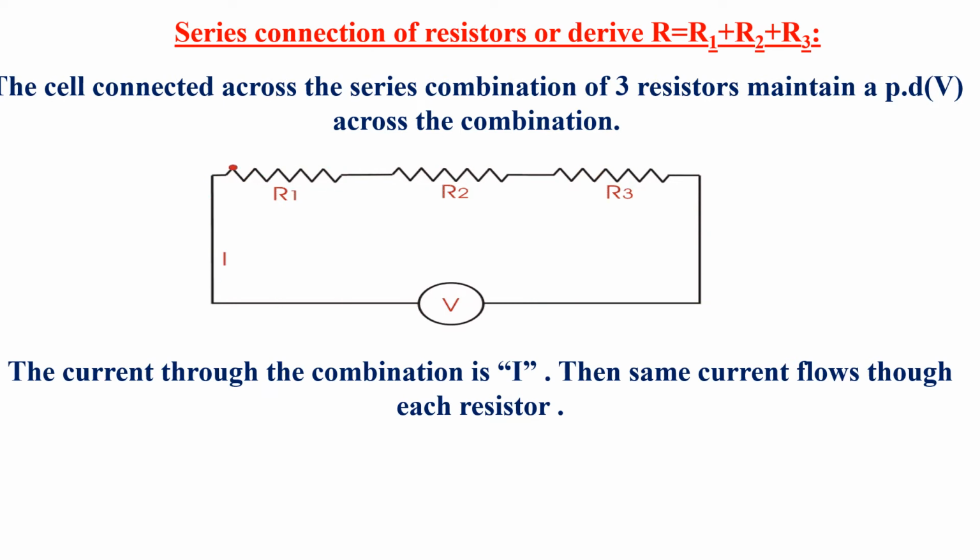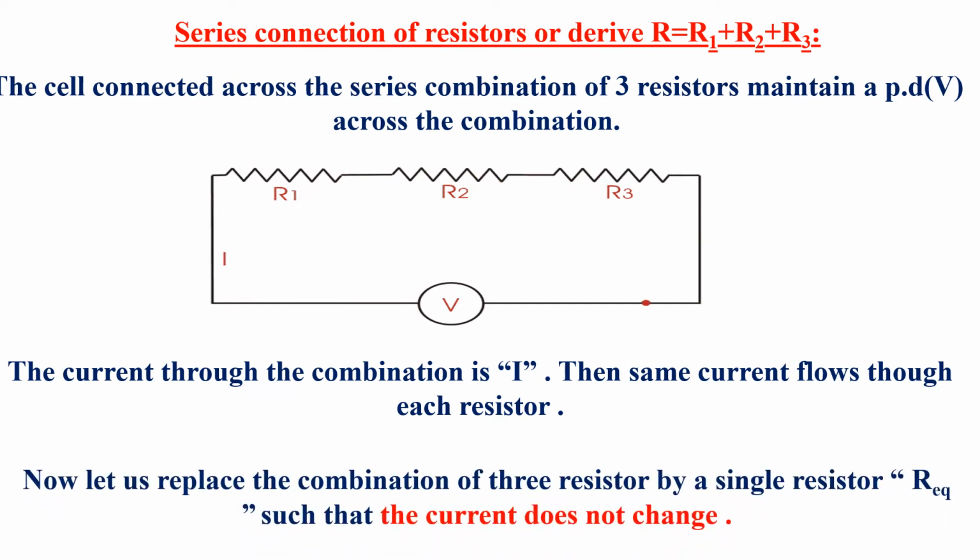Here I is constant because all over the circuit it is flowing in the same way. Now let us replace the combination of these three resistors by a single Req such that the current does not change, because the current that is flowing in the whole circuit is constant.